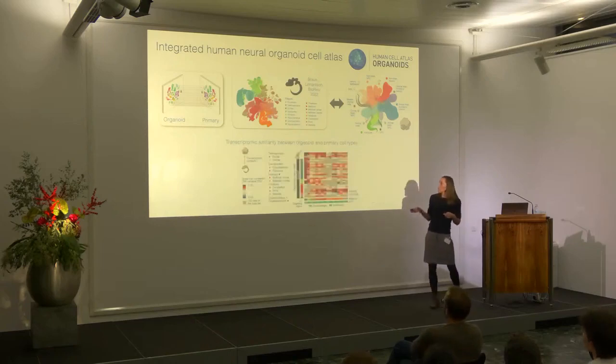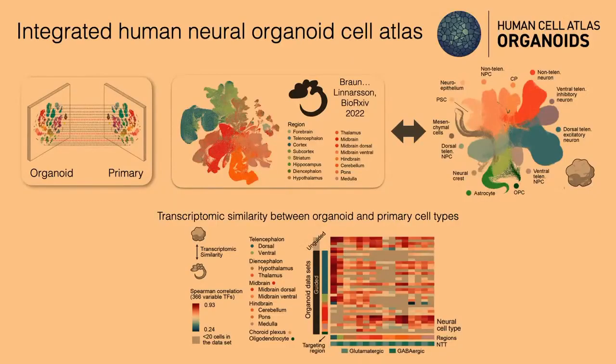Something that was interesting is if we now compare the transcriptomic similarity overall, we don't just look at the differential expression. We just say, how similar is my neuron subtype A in the organoid and my neuron subtype A in the primary brain. Then you can get this heat map where now we have all the organoid data sets and all the primary ones.